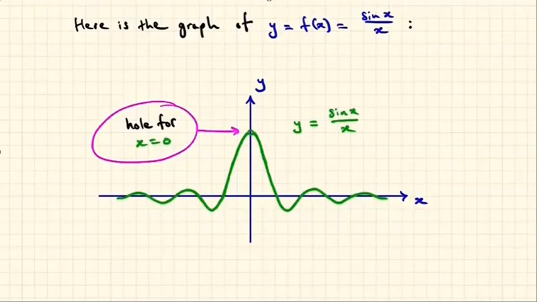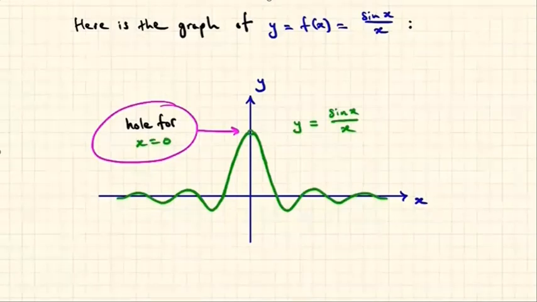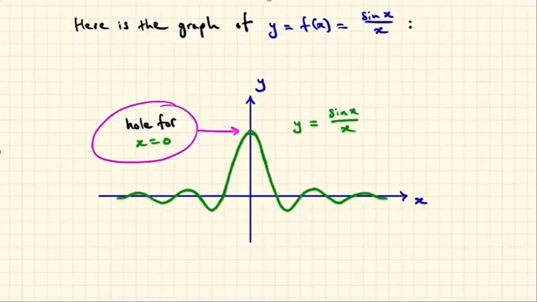Multiplying by 1 over x has some kind of dampening effect on sin x. The graph also has perfect reflectional symmetry about the y-axis. It's an example of what we call an even function.